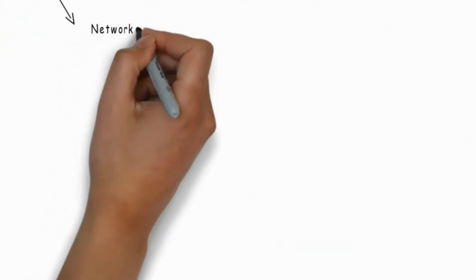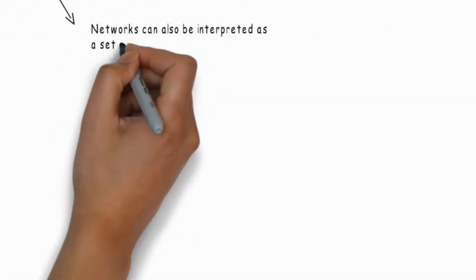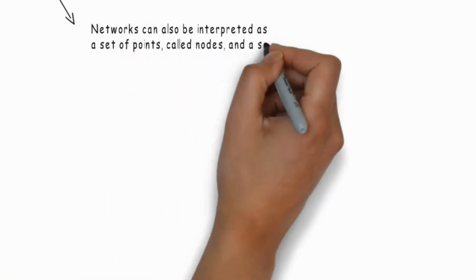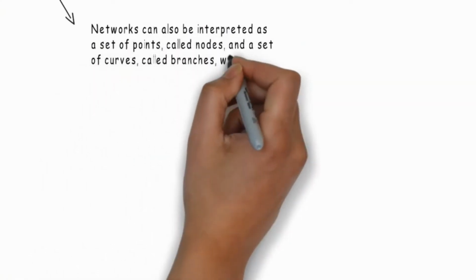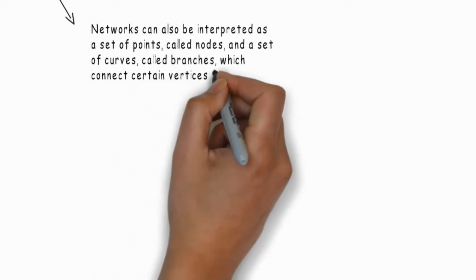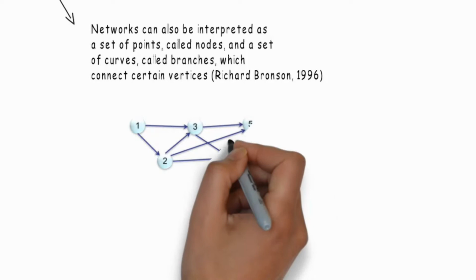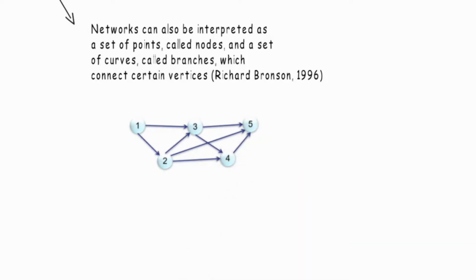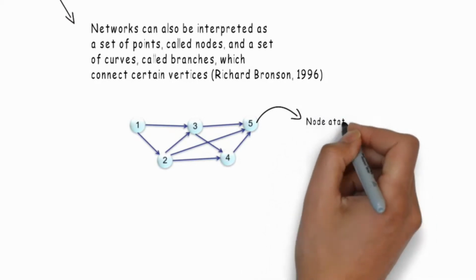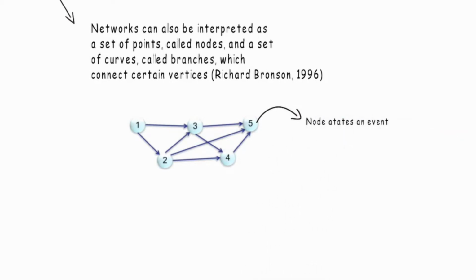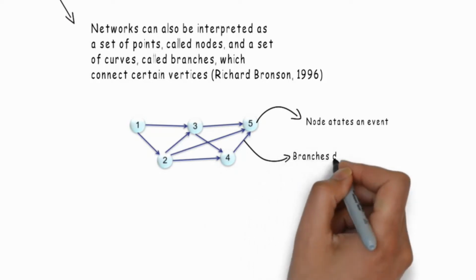Or the network can also be interpreted as a set of points called nodes and curves called branches which connect and contain vertices. For example, here is the network. The small circle means the nodes, it states an event, and the arrows, which mean branches, declare an activity.